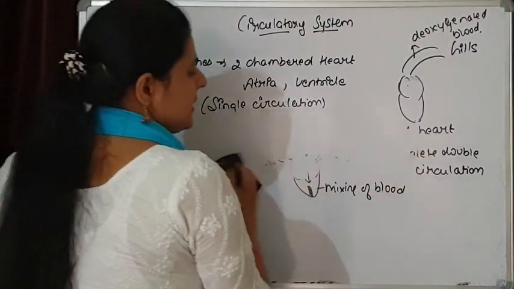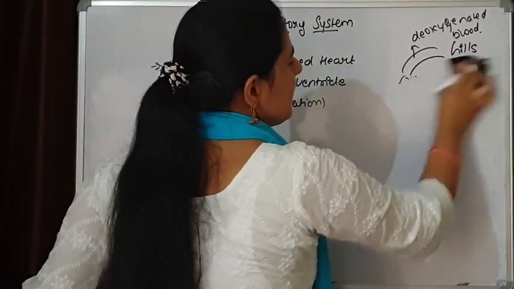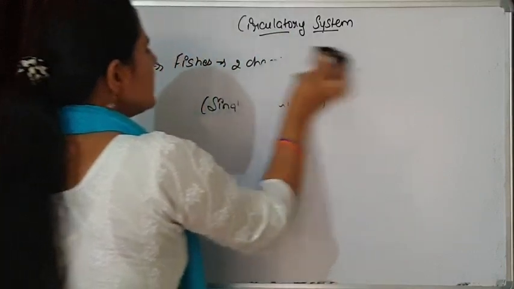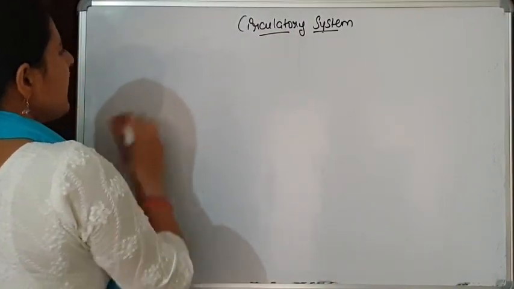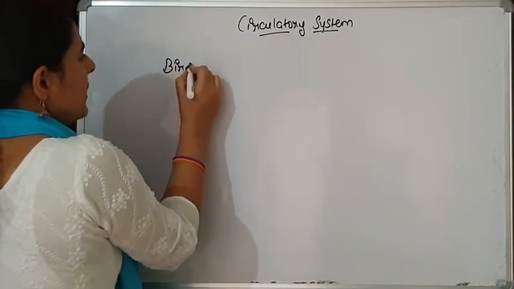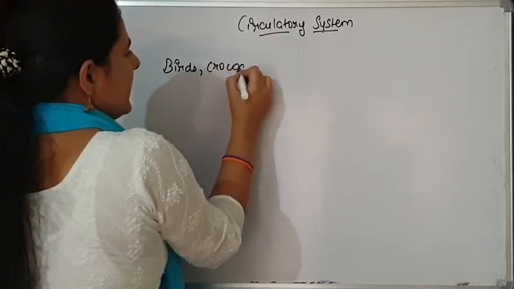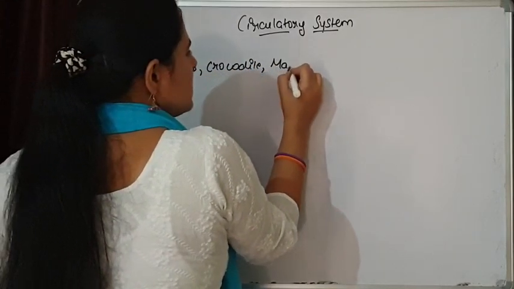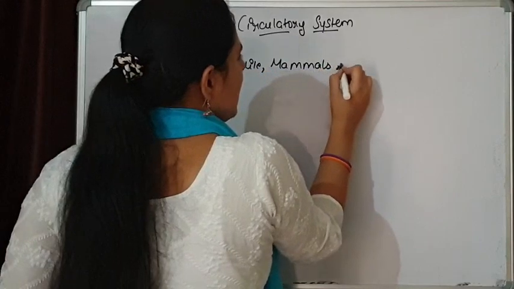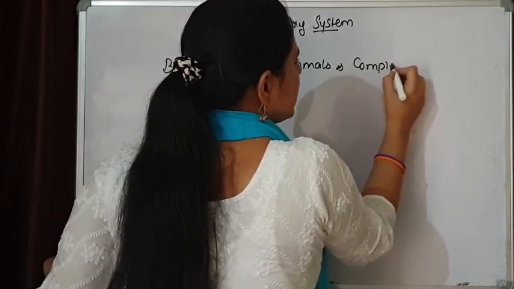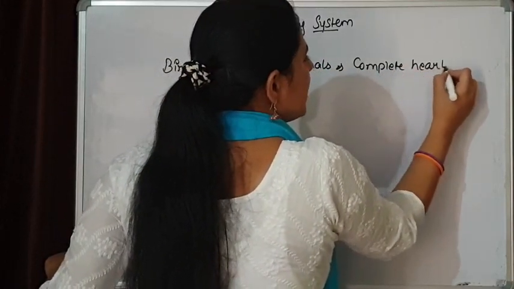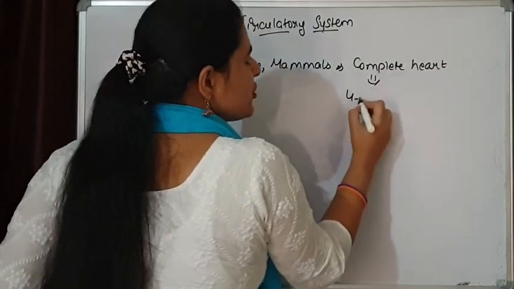Now other organisms like mammals, birds, and reptile like crocodiles, they are having complete heart. Complete heart simply means four-chambered heart.